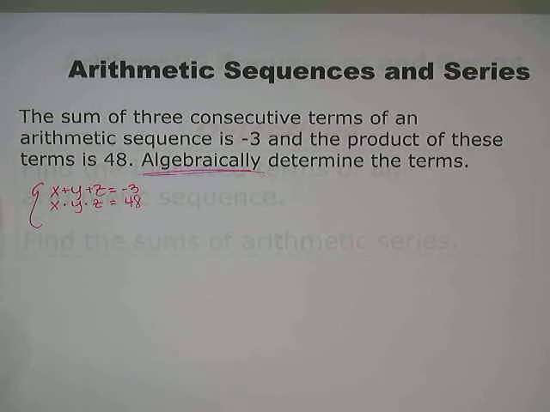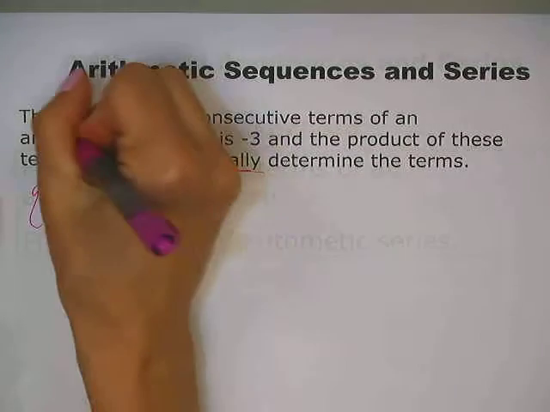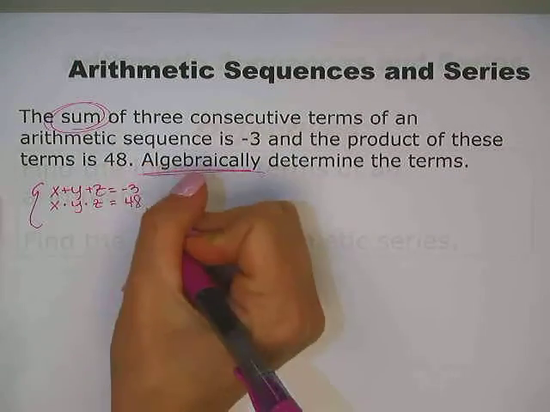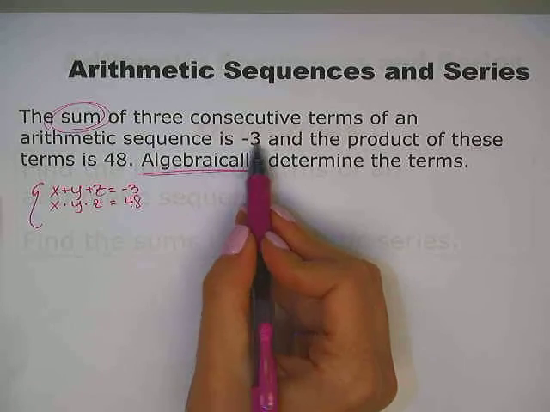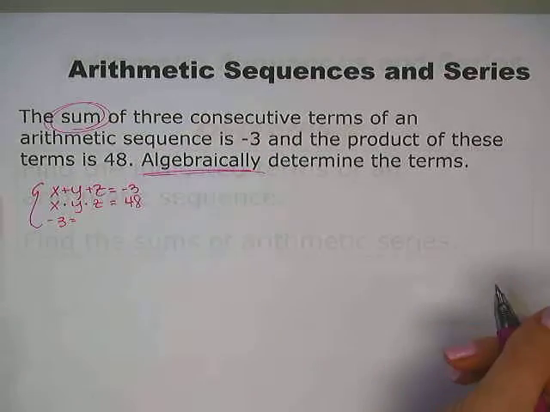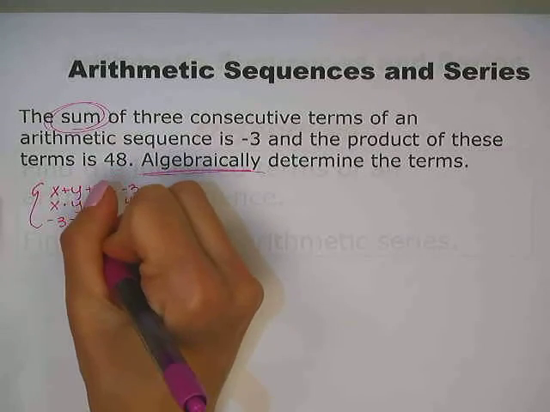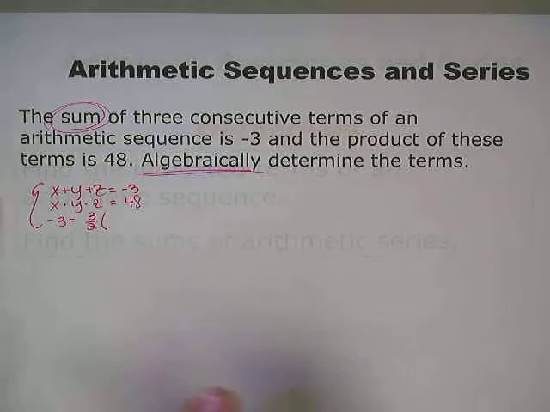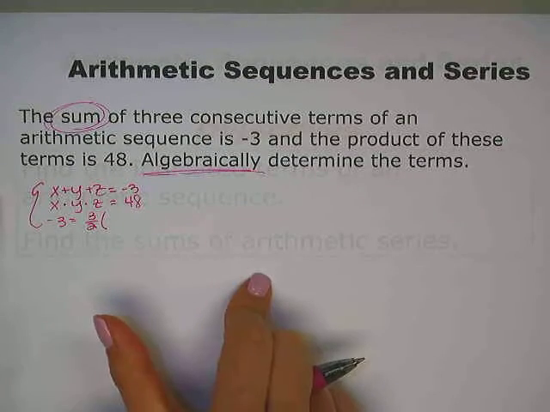And then the last one that might not occur to you, but here it is: I'm going to use the sum formula. Now again, they gave us that keyword sum. So -3 equals, because they told us the sum, how many terms? 3 terms divided by 2 multiplied by the first term and the nth term.